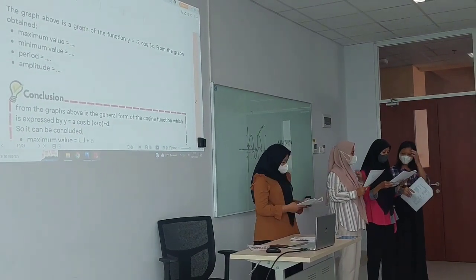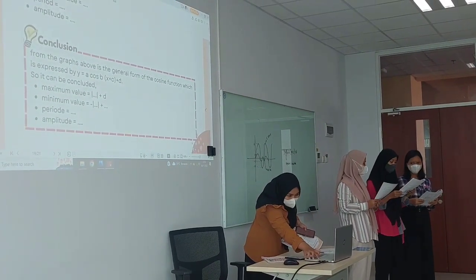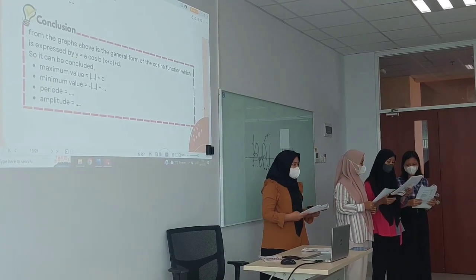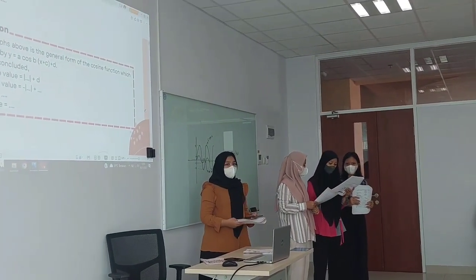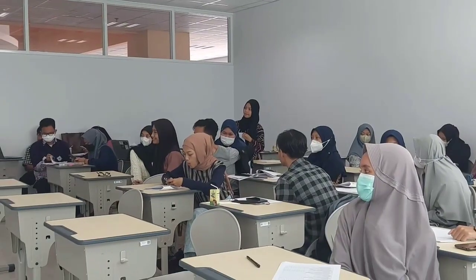Okay, and the conclusion from the graph above is the general form of the constant. The maximum value is equal to 1 and the minimum value is equal to minus 1, from group 3. Do you have any different answers from group 3? Okay, the result of group 3 belongs to group 3.